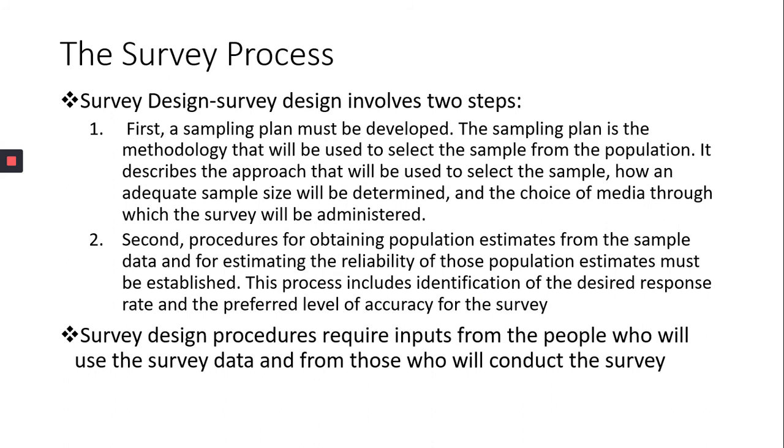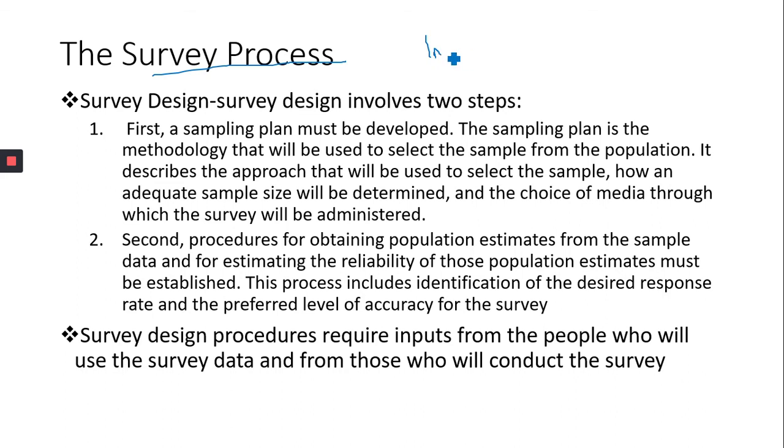Now, let's look at the survey process. Ladies and gentlemen, this is very, very important. We understand survey is to do with us going into the field and getting the information, but let us also appreciate the process. When we talk of a process, obviously we must have some inputs.